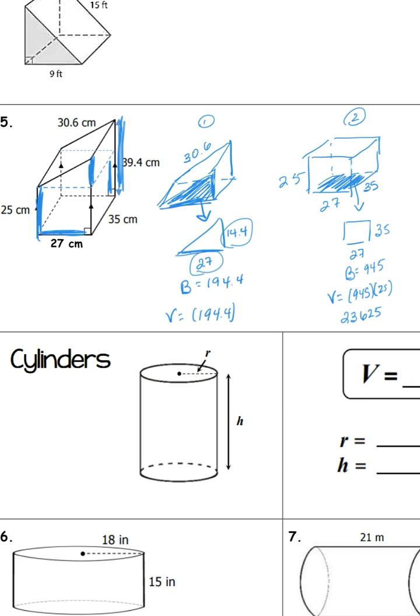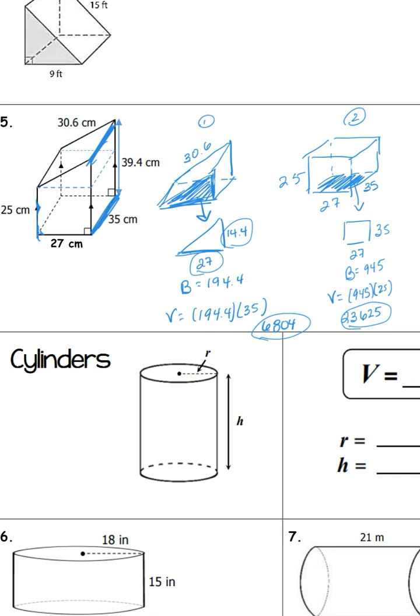And if I look at that picture, then I can see that the bases are this far apart, which is 35. So we're going to multiply that by 35. When I multiply those together, we get a total of 6,804.